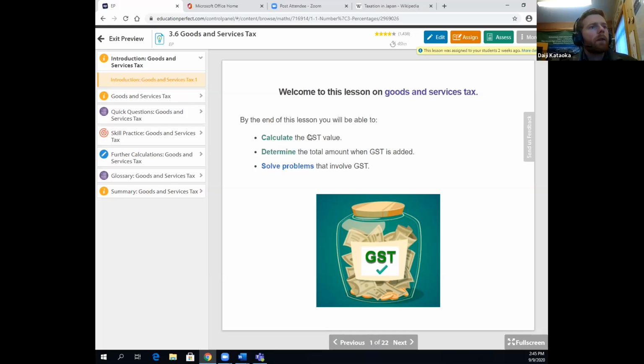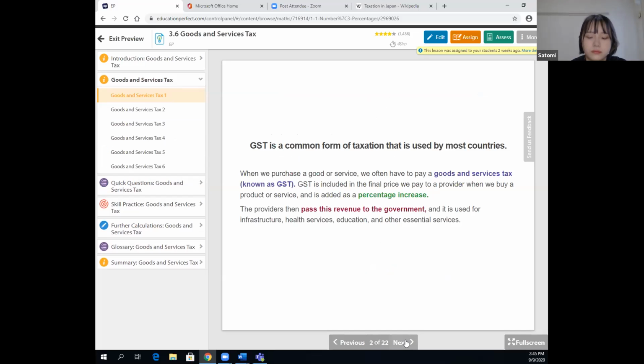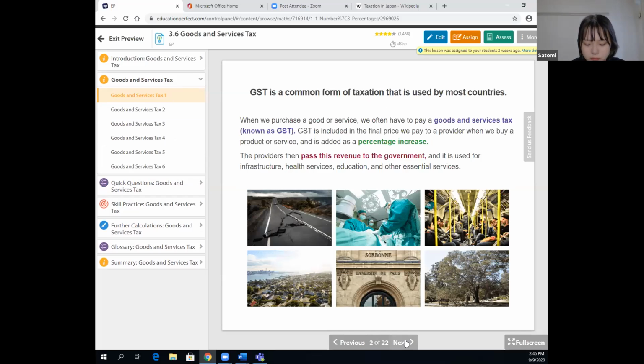By the end of this lesson, you'll be able to calculate the GST value, so how much GST you've paid every time you buy something, determine the total amount when GST is added, and solve problems that involve GST. All right. It says when we purchase a good or service, we often have to pay a goods and services tax, known as GST.